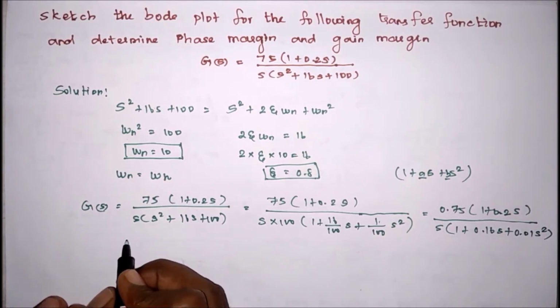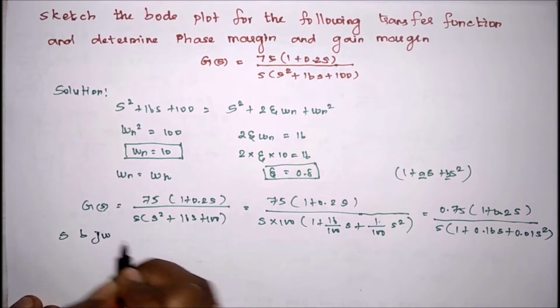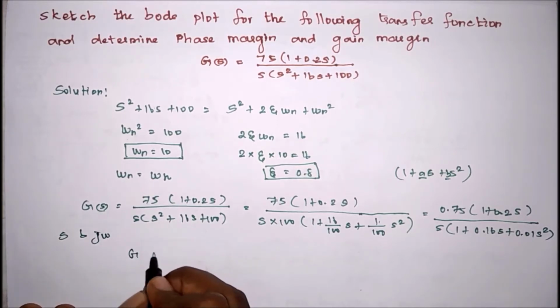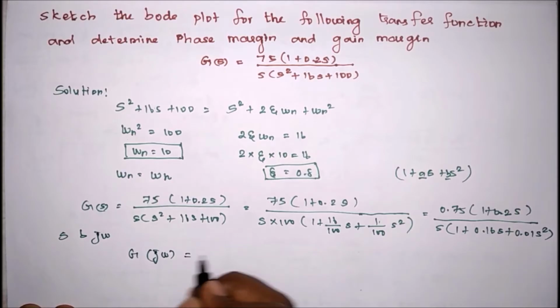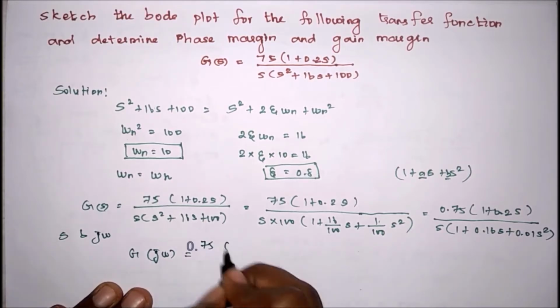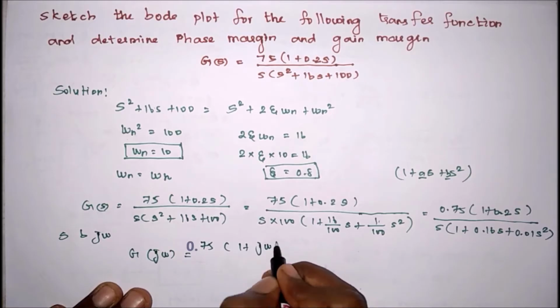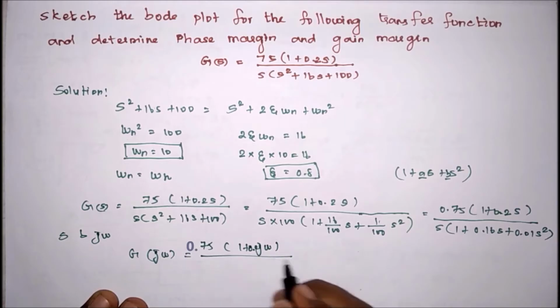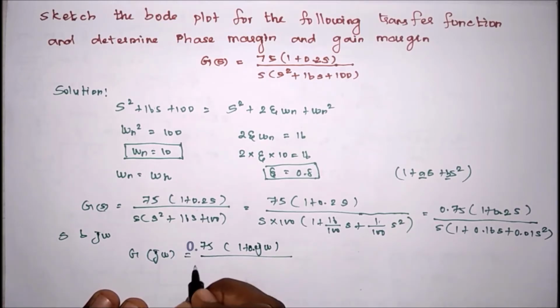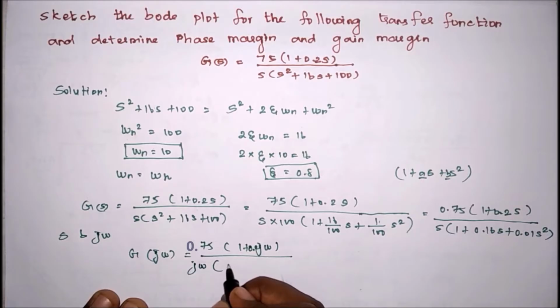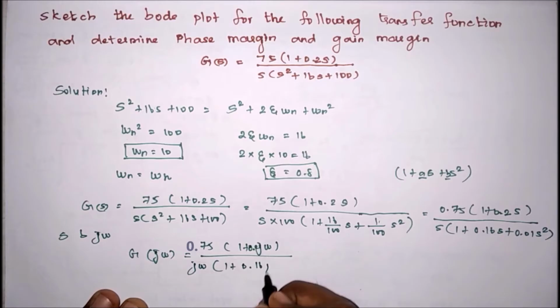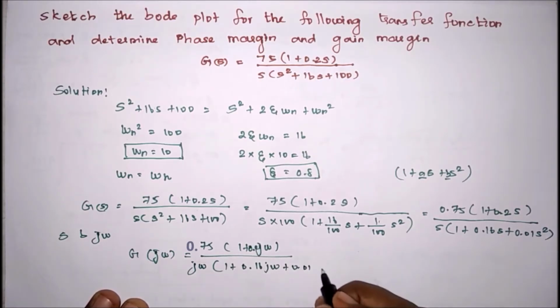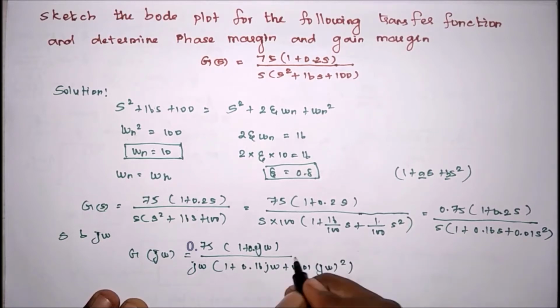Now we have to replace s by jω. Therefore G(jω) equals 0.75(1 + 0.2jω) divided by jω(1 + 0.16jω + 0.01(jω)^2).